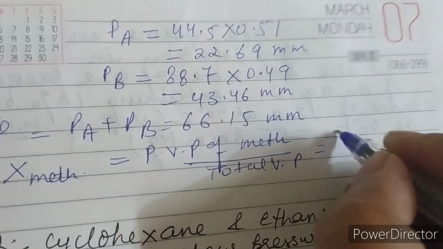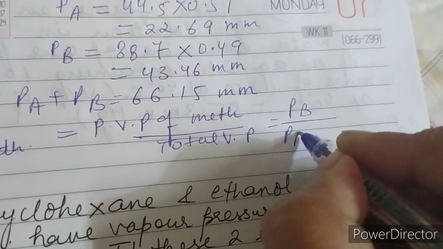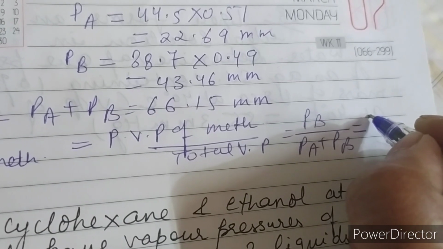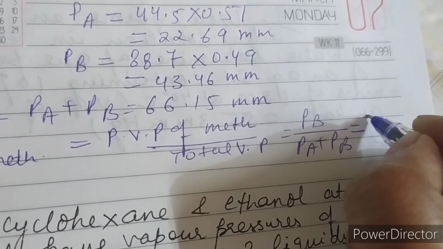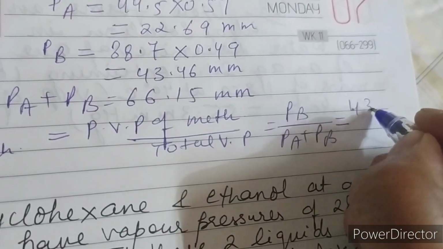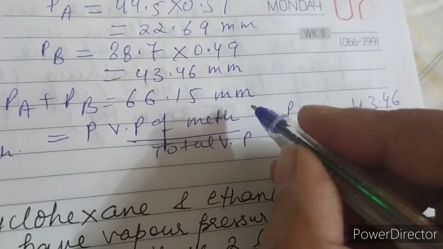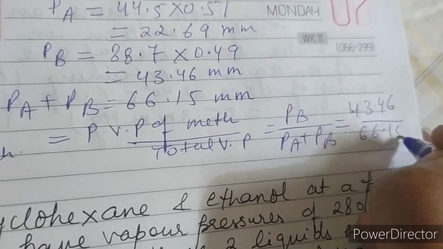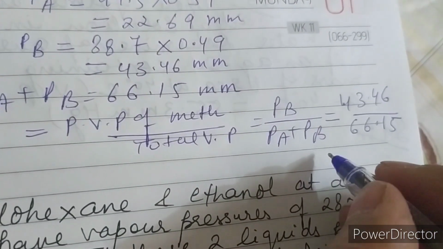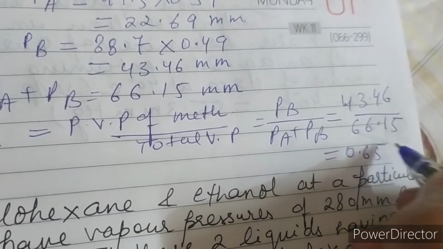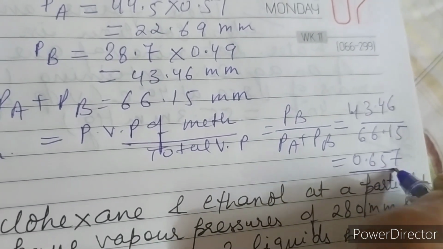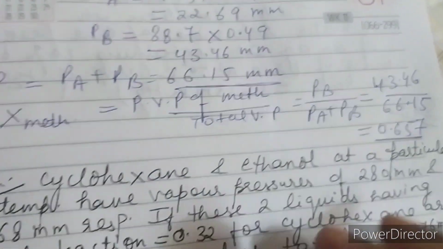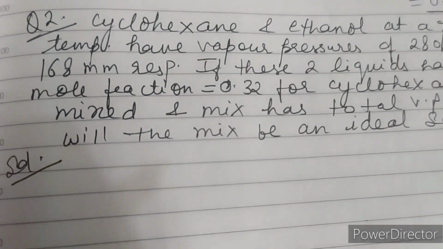That will be equal to PB divided by PA plus PB, methanol vapor pressure has been already calculated here, 43.46, divided by total vapor pressure, that is 66.15, and that will come out to be 0.657. So these are the two things that have been asked: total vapor pressure and the mole fraction of methanol. Next we come to the second numerical.